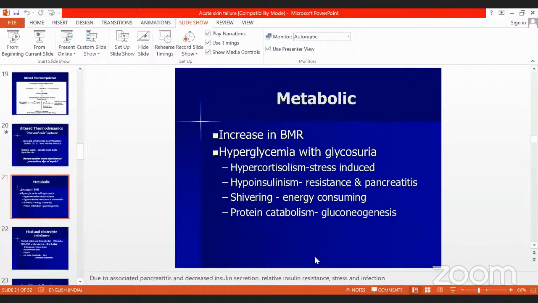The third thing, you have metabolic changes. Most important among them is hyperglycemia. There are several causes for it, but hyperglycemia is known to happen with glycosuria, and that further contributes to the morbidity in this patient. So it is important to look for hyperglycemia in patients who have acute skin failure, especially erythroderma.